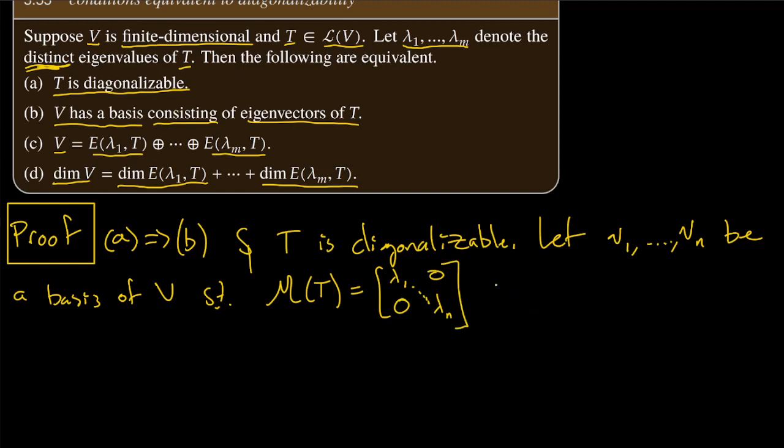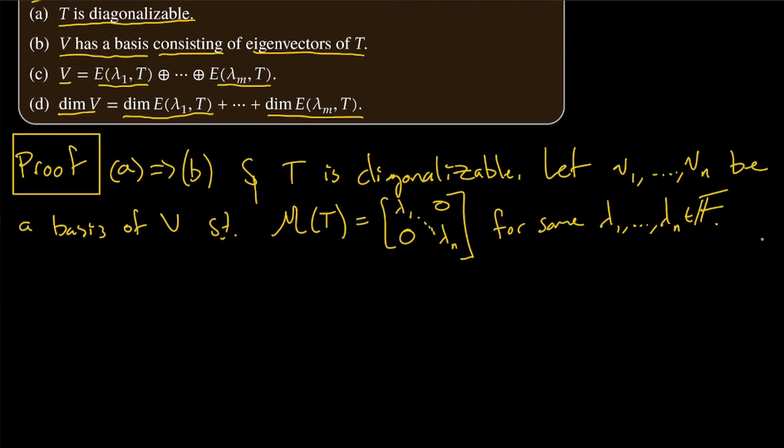So these lambda 1 through lambda n are just field elements. I'm not yet saying they're eigenvalues, but I want to point out the following.